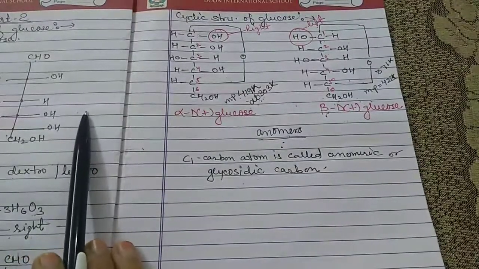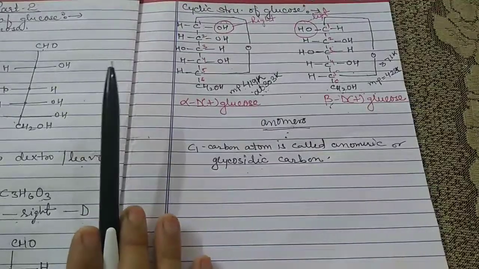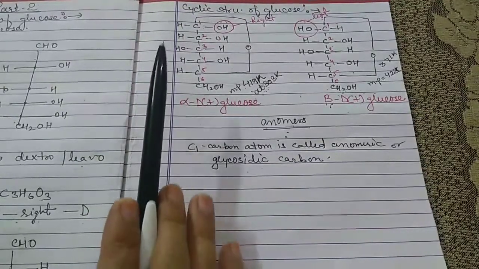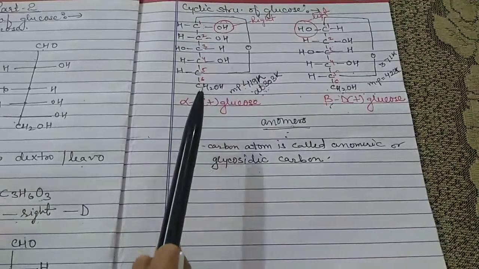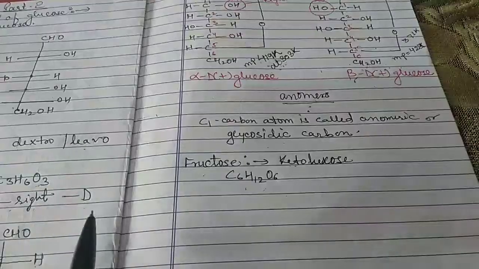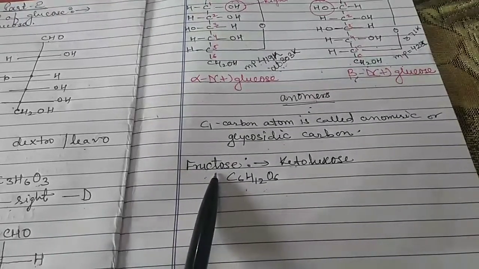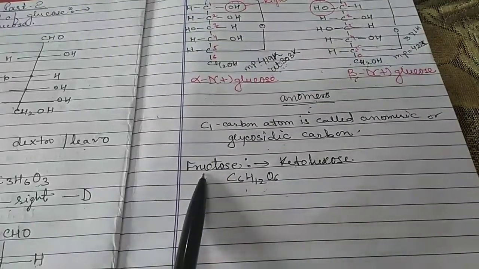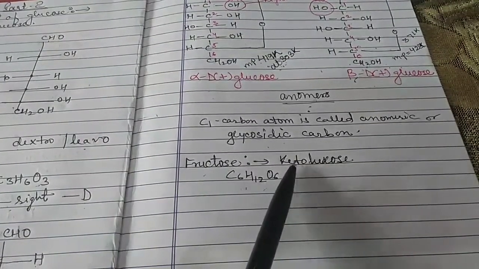In the next session we will discuss the other monosaccharide, which is known as fructose. Okay, let us start with the topic fructose. Fructose is also a monosaccharide. It is an important ketohexose.